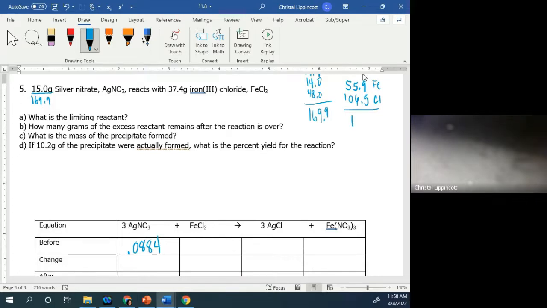This ends up being 162.4. So I'm going to take this and I'm going to divide by 162.4. So that ends up being 0.230.